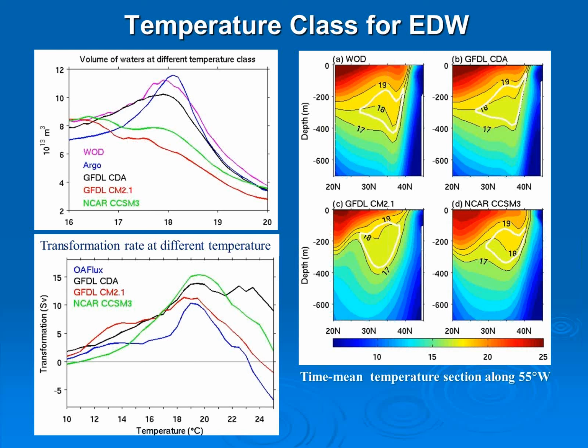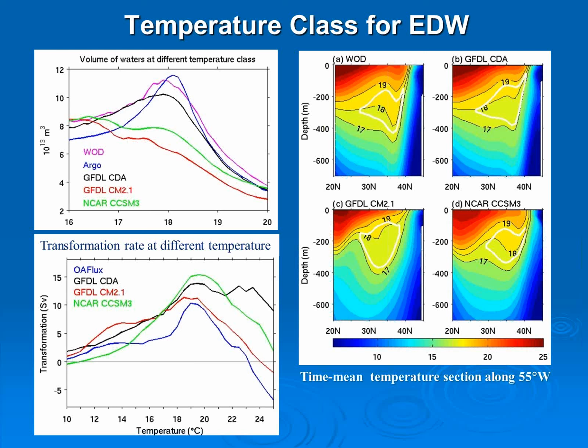Another point we look at is transformation. From observations and models, you see that the largest transformation is around 19 degrees C, although the models do not capture the strong sequence of transformation between 19, 18, and 17.